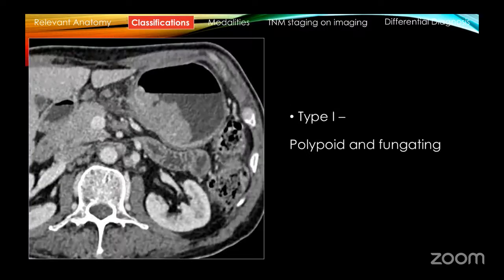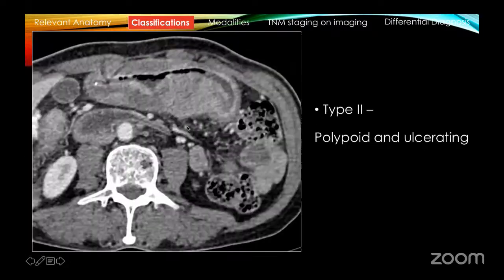So let's see this pattern. So this is the type 1 pattern, where this is a polypoid mass here, something like a cauliflower, just a bit wider perhaps, and it is fungating. Basically, it is proliferating. But the moment you find this kind of a crater within, it's like an ulcerating mass. So there is this polypoidal component as well, and then there is this ulceration.